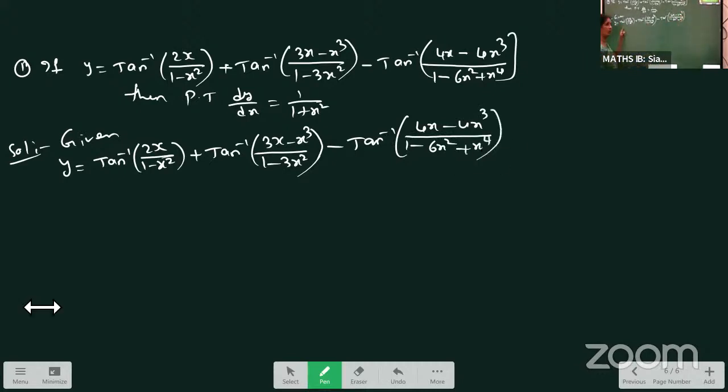Tan inverse of too many terms are there. If it is a single term, directly we could go for the derivative. But when tan inverse of too many terms are there, go for the substitution.